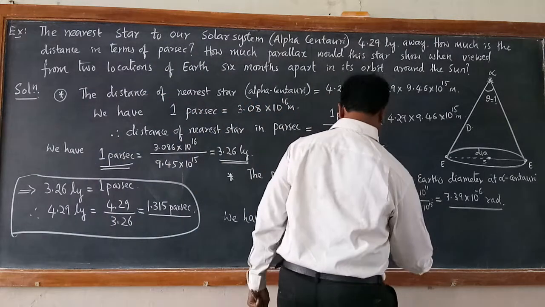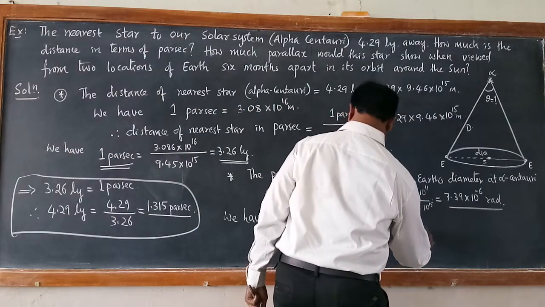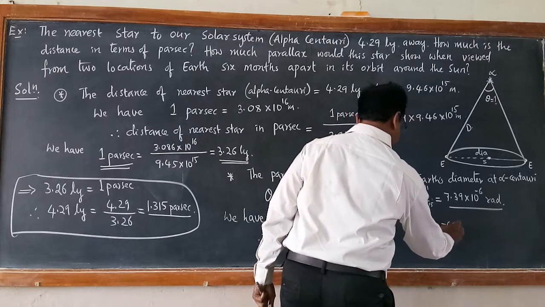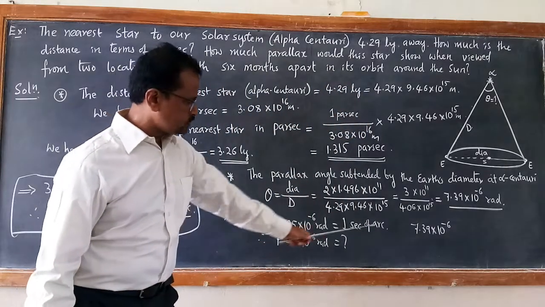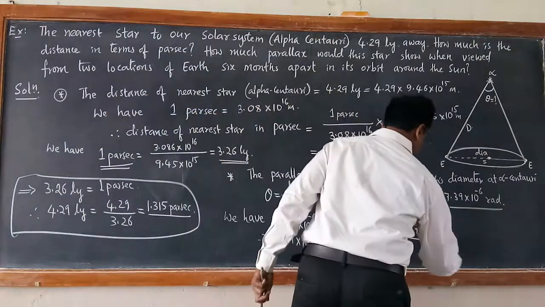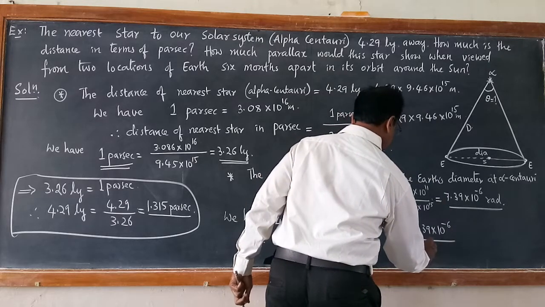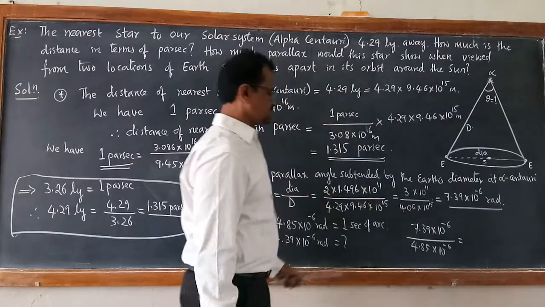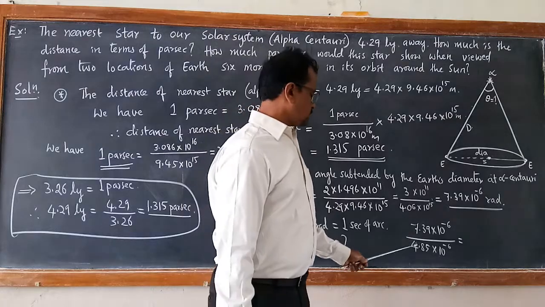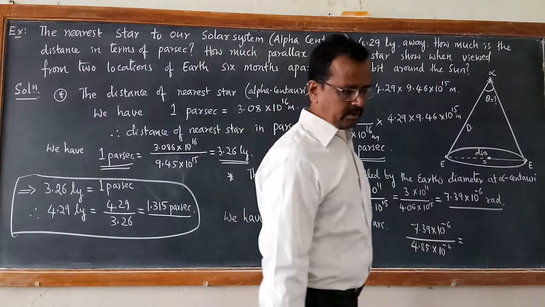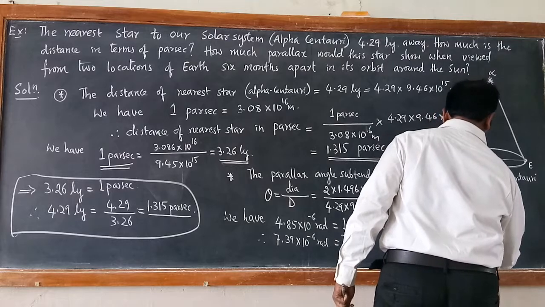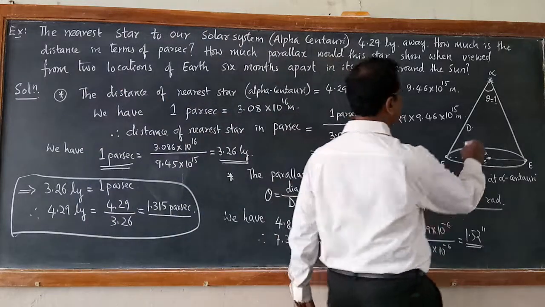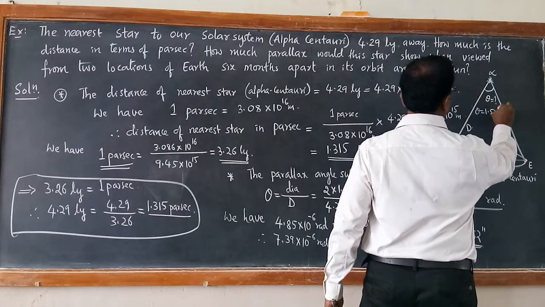That is calculated as the ratio, 7.39 into 10 raised to minus 6 divided by 4.85 into 10 to the power of minus 6. So 10 to the power of minus 6 cancels, and you get 1.52 seconds of arc. So this theta is 1.52 second.